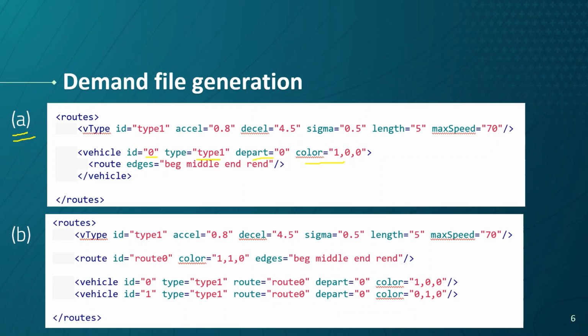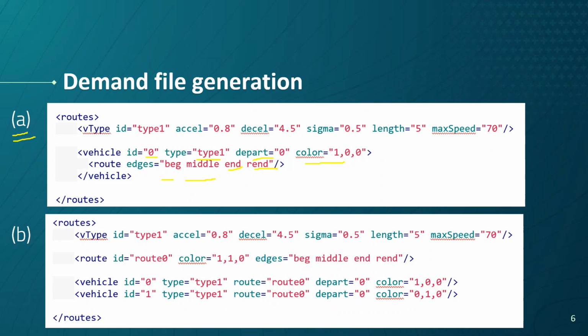As you can see, the vehicle will drive along the edges middle and end, and as soon as it has reached the edge end, it will be removed from the simulation. Actually, this vehicle has its own internal route, which is not shared with other vehicles.